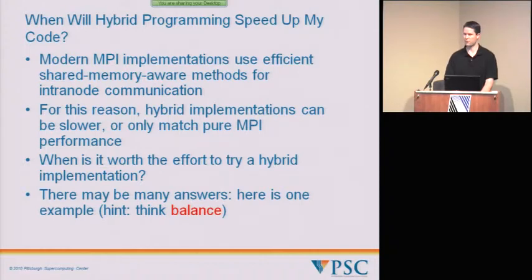So I always wondered, when is it really worth it to try a hybrid implementation of the code? And so here is one example of when it's worth it. And it sort of comes down to using this hybrid scheme to create balance in your code.